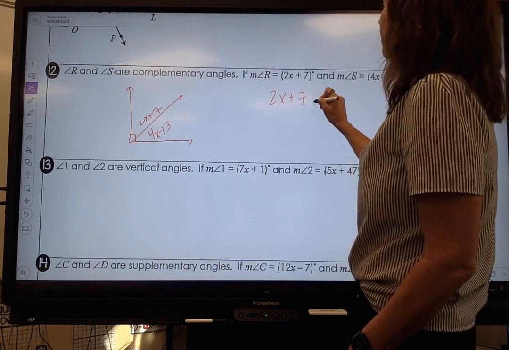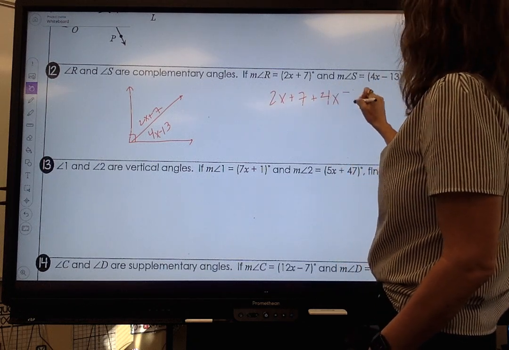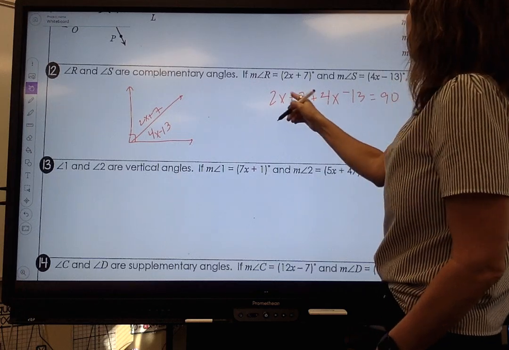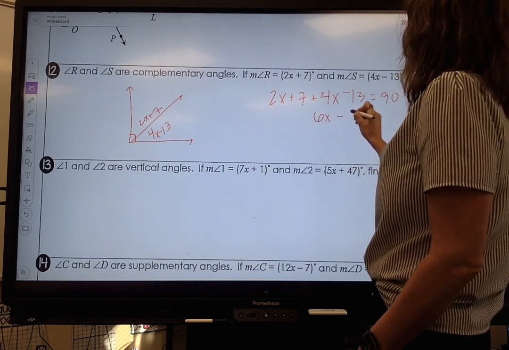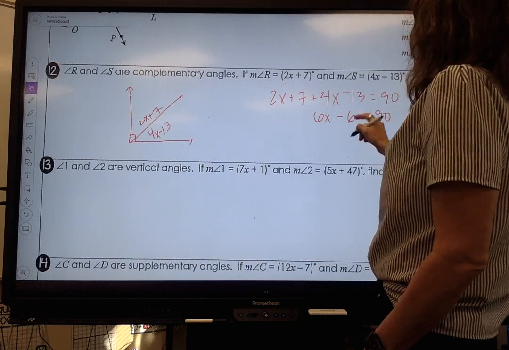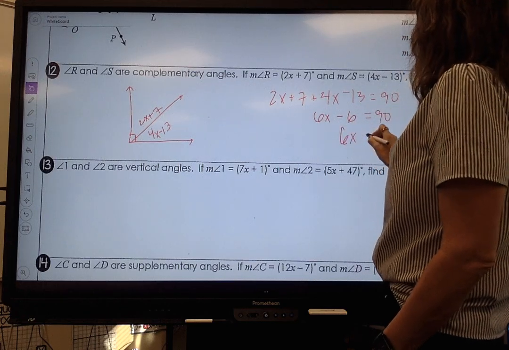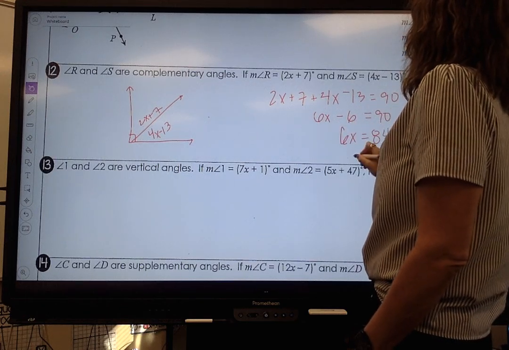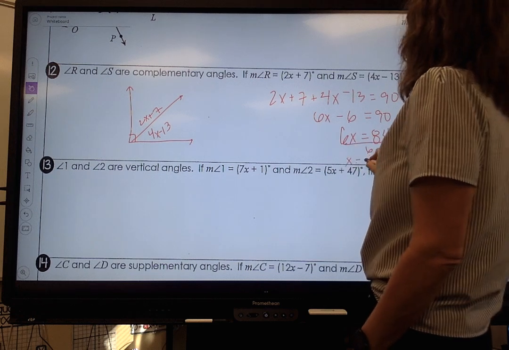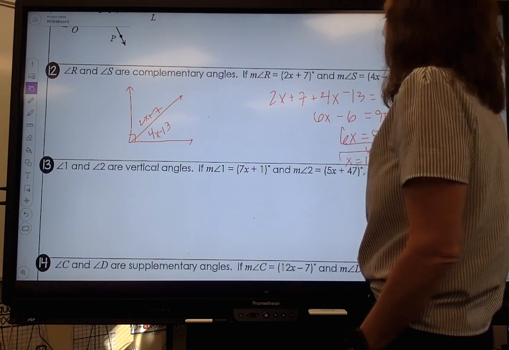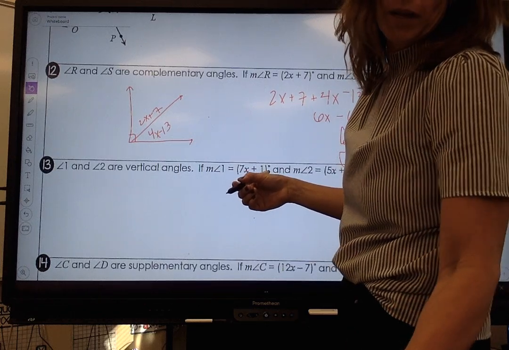So, of course, I make my equation, combine like terms, add 6 to both sides, divide by 6, and I get x equals 14, okay?